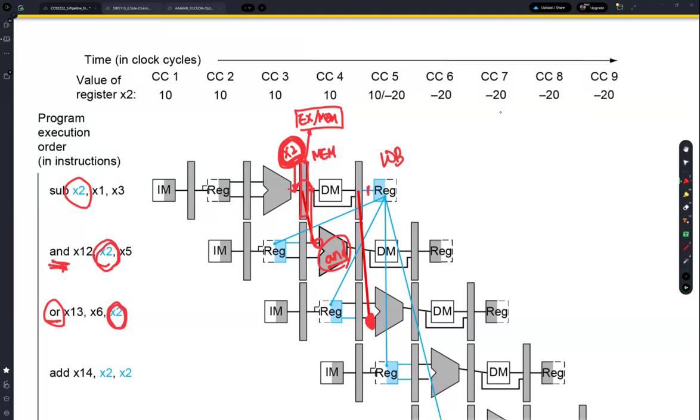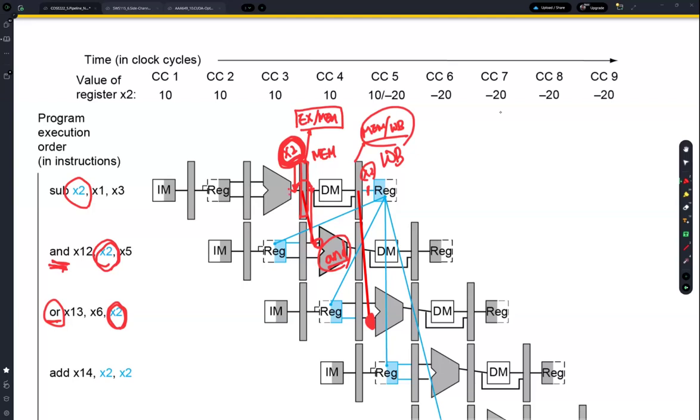X2 data is in this one, the output of the memory and write back pipeline register, because the X2 needs to be written back to the register file, right?